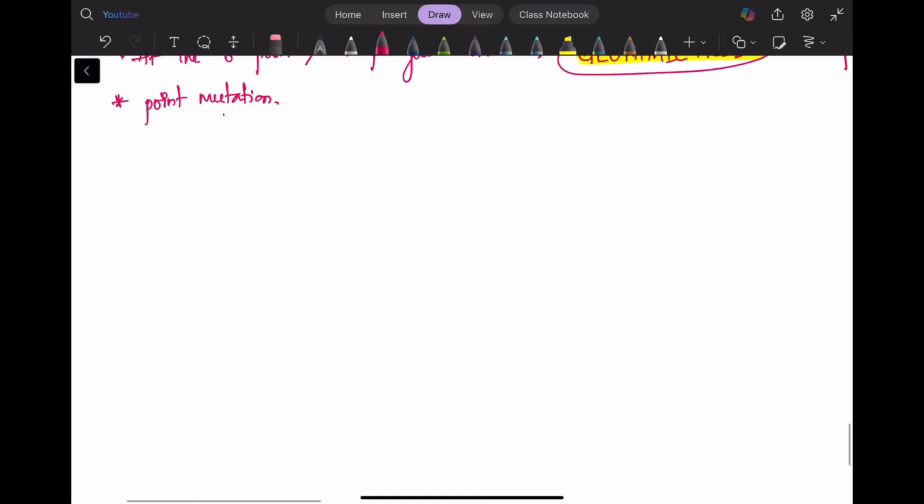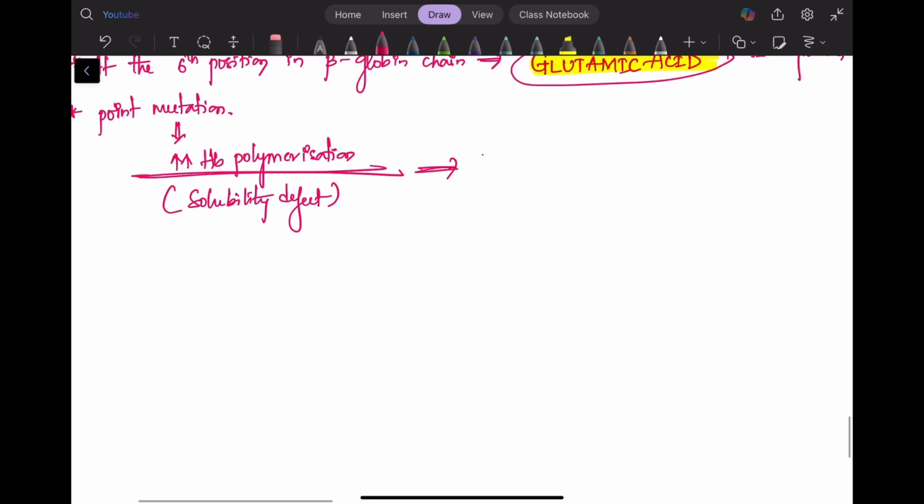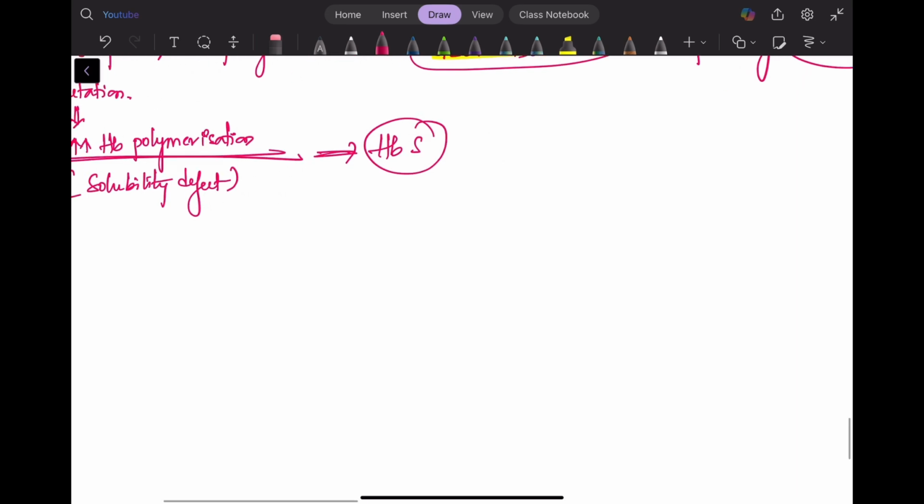Point mutation. So what happens if a point mutation happens here? Then we have increased hemoglobin polymerization. So what? If something is increasing, so what? It has a solubility defect. So let's make a normal RBC.